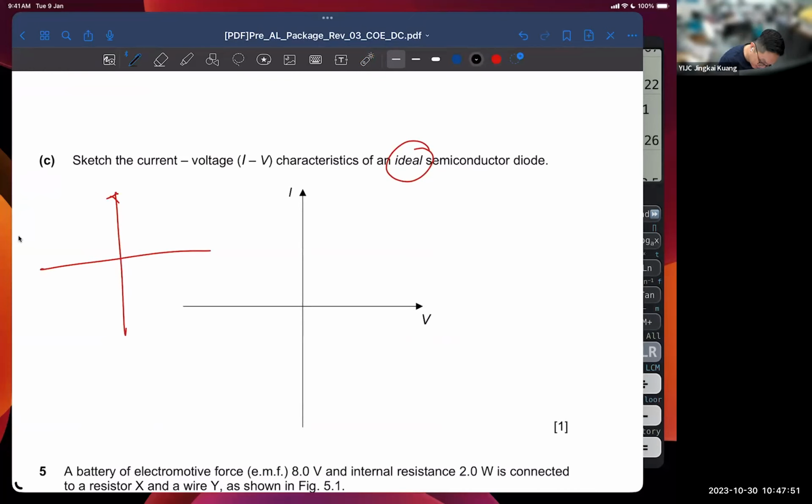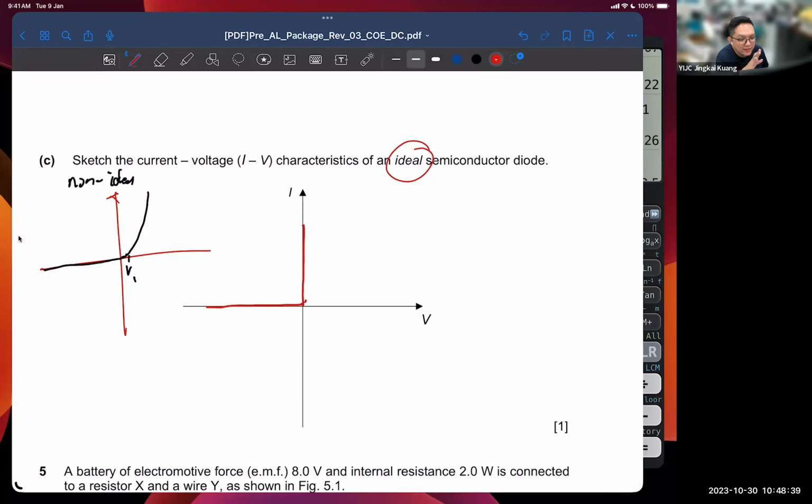Non-ideal will have a fatter line, with a small activation voltage, maybe 1 volt. Ideal is a straight line, then straight up.